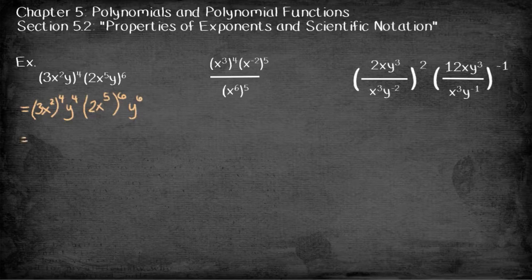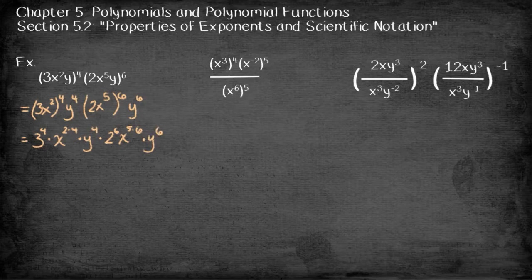And then again, in the parentheses, I have to apply the exponent to each number. So I have 3 to the 4th times x squared to the 4th power. I multiply the exponents, times y to the 4th times 2 to the 6th x to the 5 times 6 times y to the 6th. And let's see.